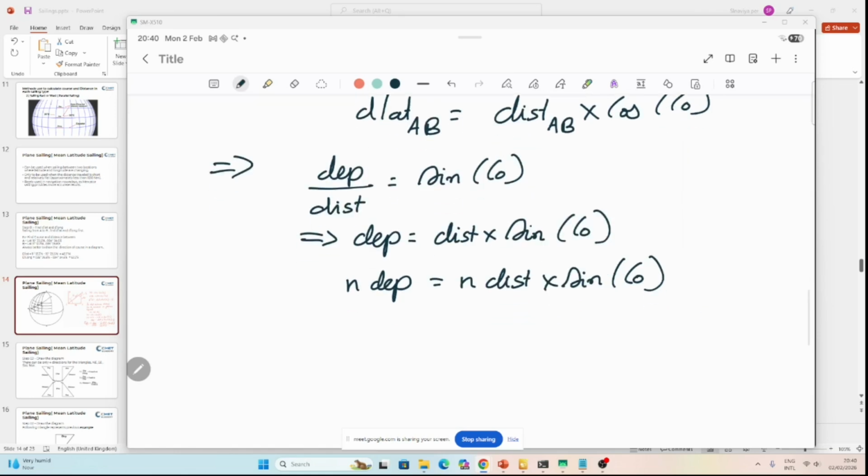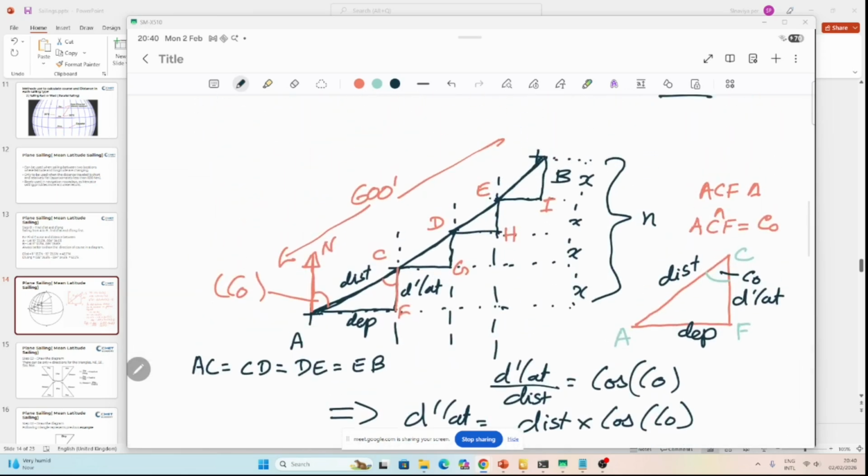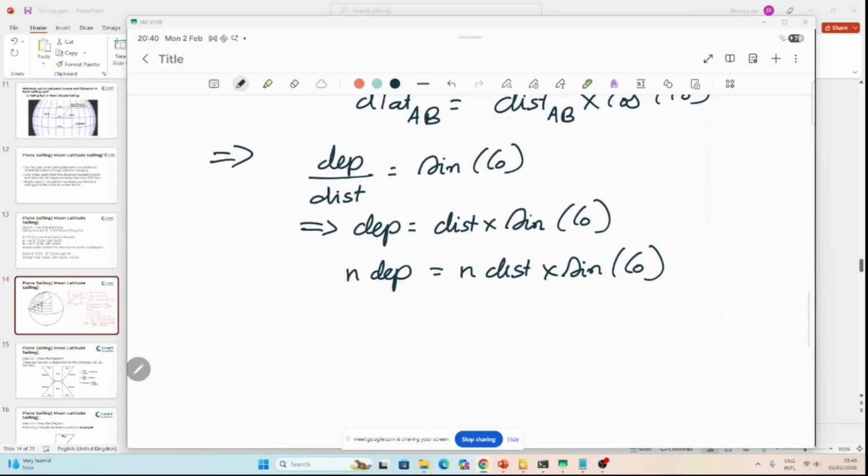Then n number of departure is equal to the total departure between A and B. And previously we explained that n number of distance will become the total distance between A and B into sine.